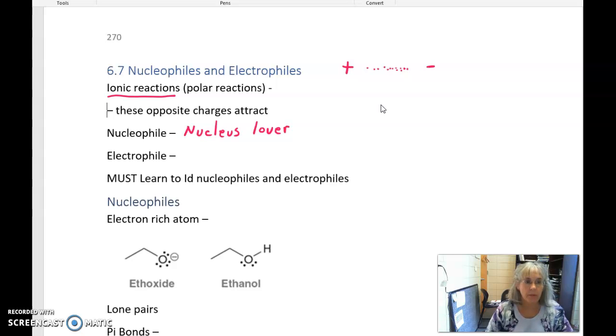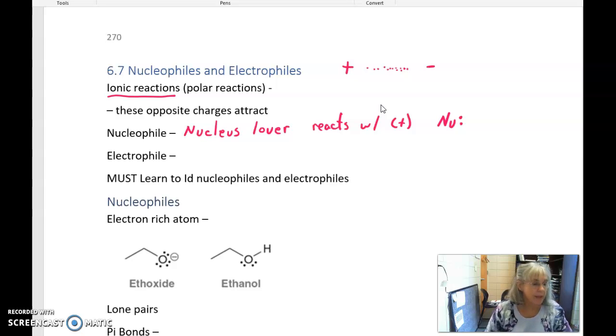It reacts with something positive. Looking for a positive charge. It has extra electrons. When I abbreviate nucleophile, I do it like this, because it's got those extra electrons that are looking to react with something that's positive.